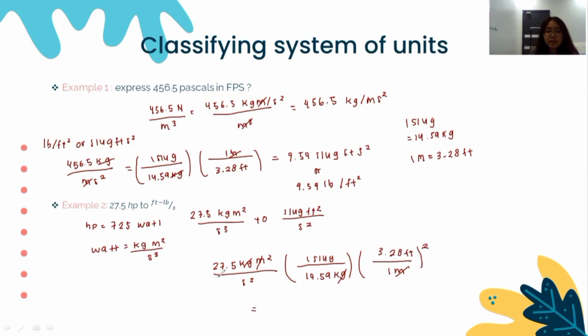Then we're going to multiply 27.5 per s cube times 1 slug per 14.59 times 3.28 feet per 1 meter squared. And we got the result 20.27 slug feet squared per s squared, or foot-pound per s.